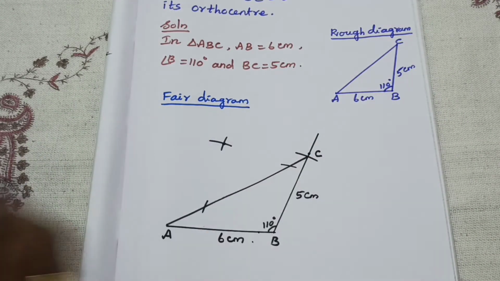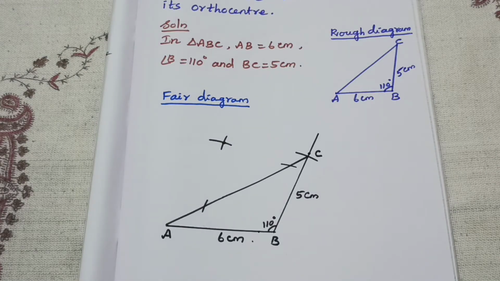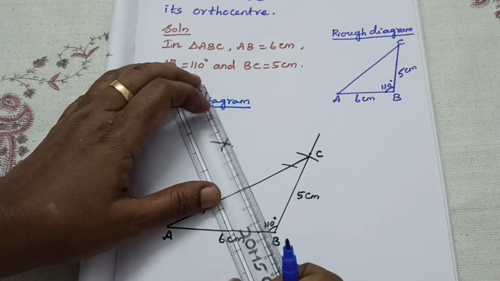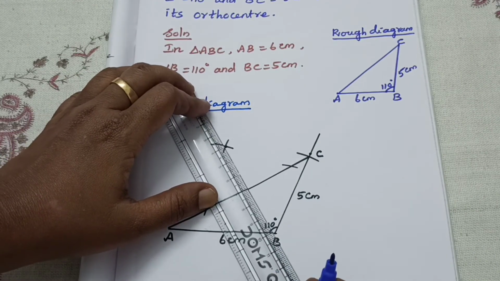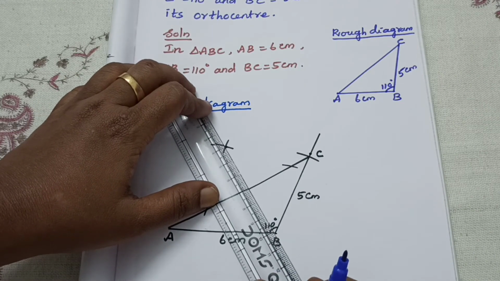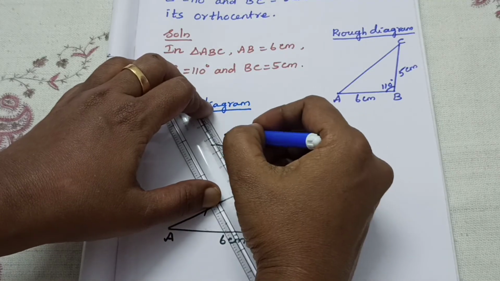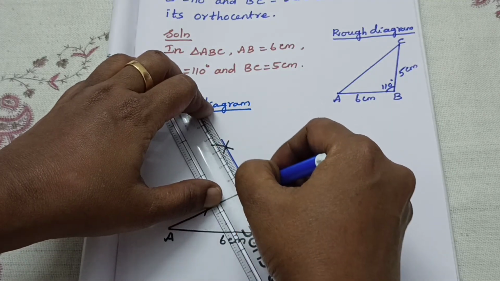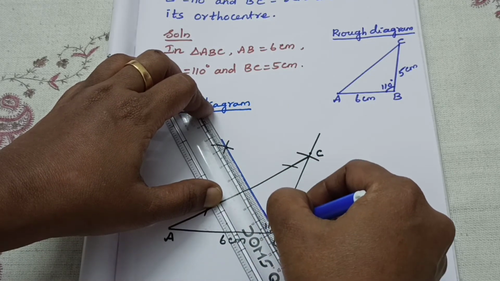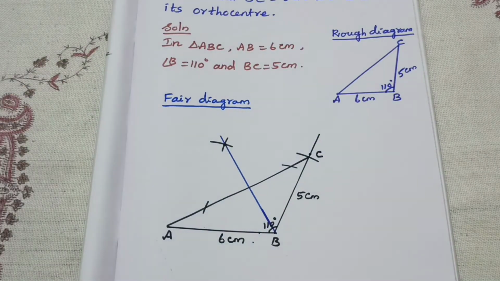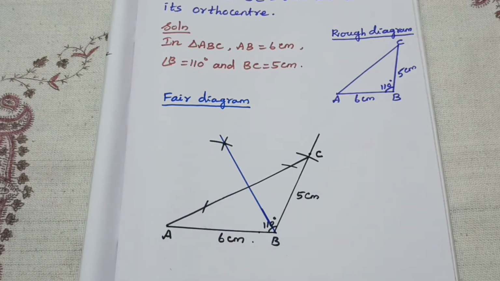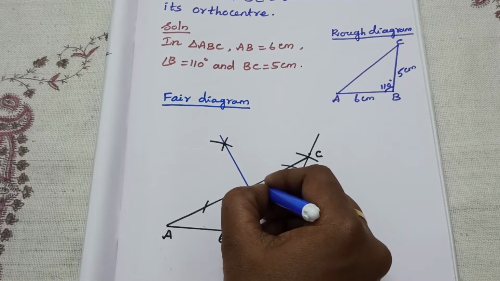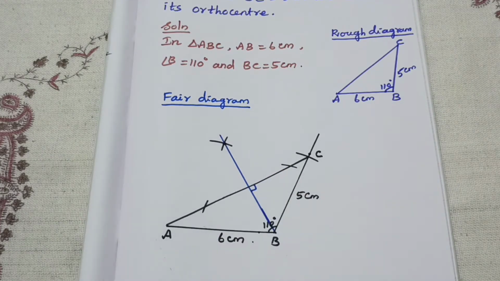Then join this point and vertex B. This is one altitude. One altitude we got.